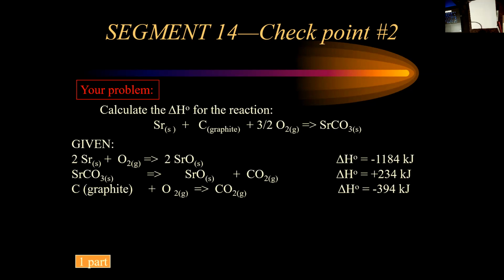Now, I want to take out anything that's in this that's not in the reaction up here. I've got strontium oxide and carbon dioxide. I'd probably eliminate the strontium oxide.